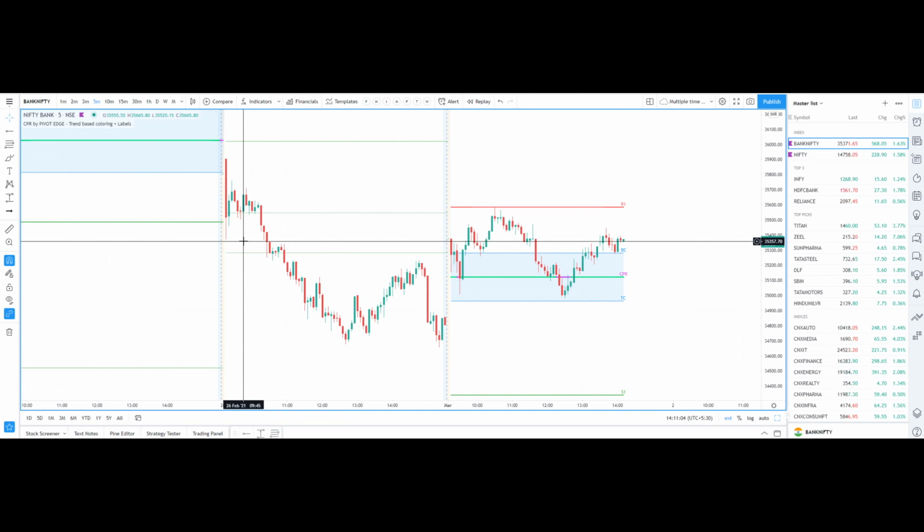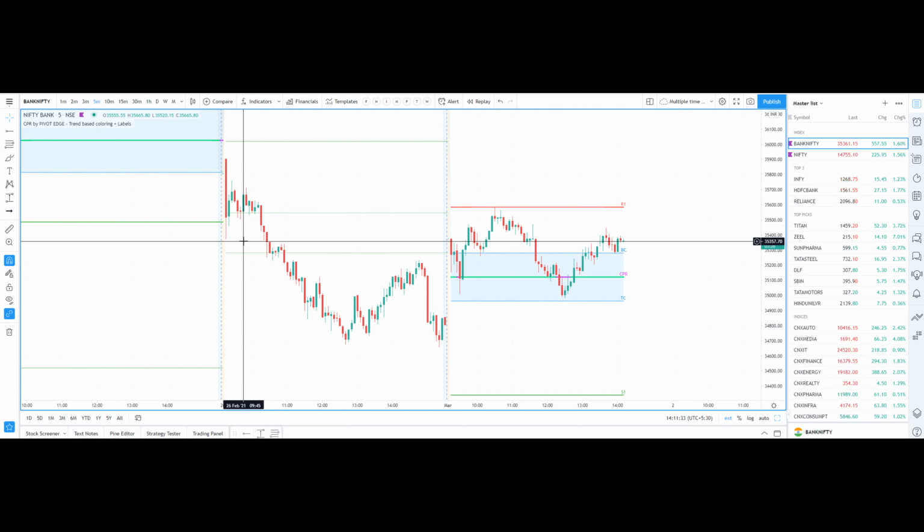And one more author by name Mark Fisher added a few more levels of this central pivot range by adding TC and BC. And later Mr. Frank Ochoa popularized this in his book called The Secrets of Pivot Boss. This is a very widely used indicator, and many people still use this to predict what can be the market movement and what can be the momentum for tomorrow, all these things.